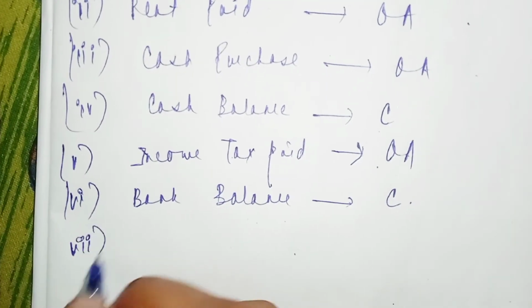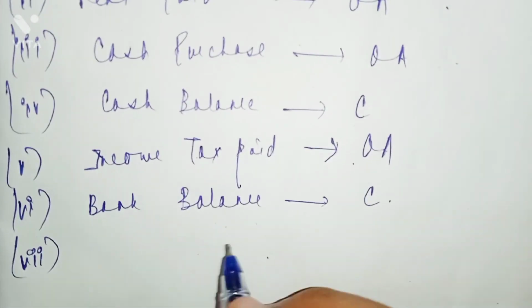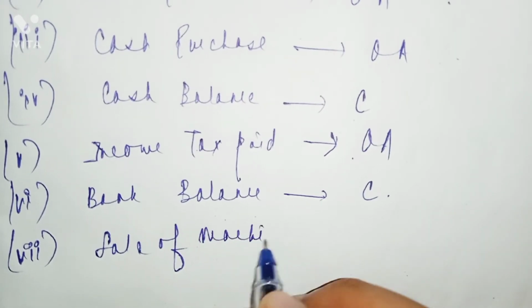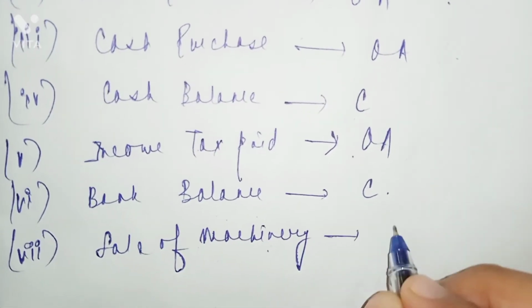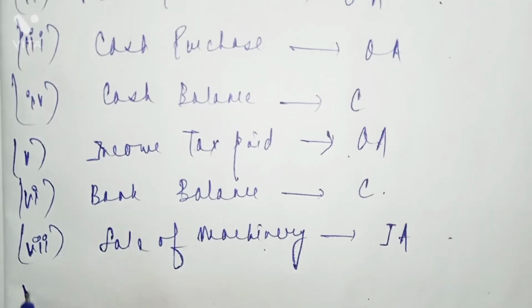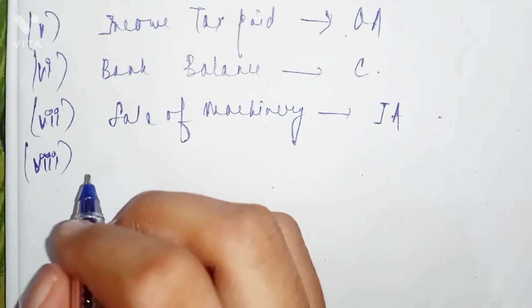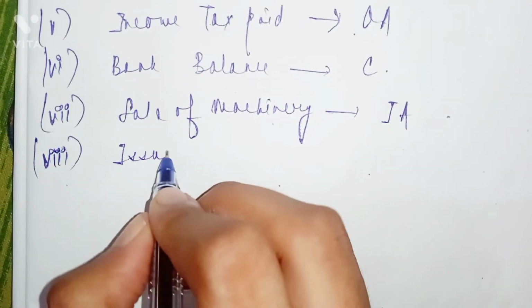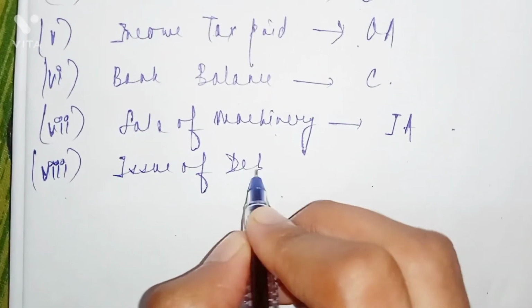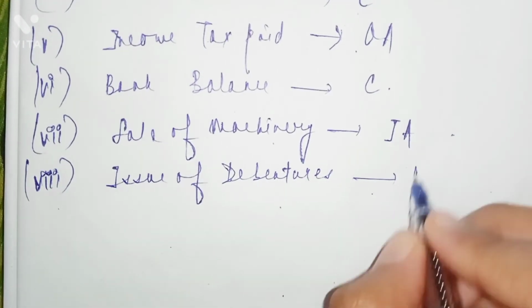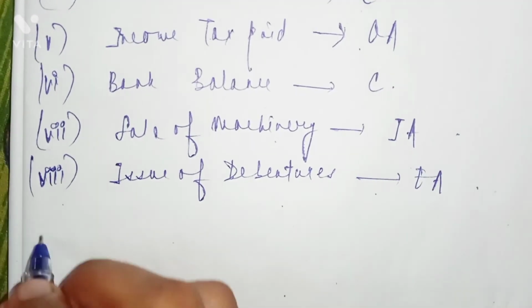Number 7, sale of machinery. It's your investing activities. Number 8, issue of debentures. Any issue of shares or debentures is always a financing activity, so it's your financing activity.